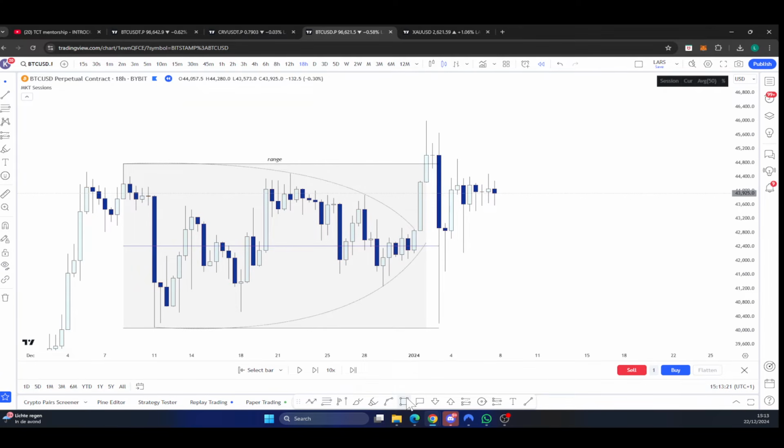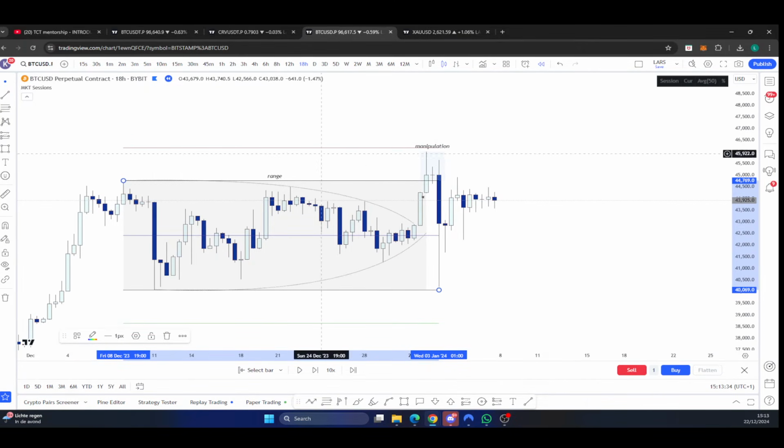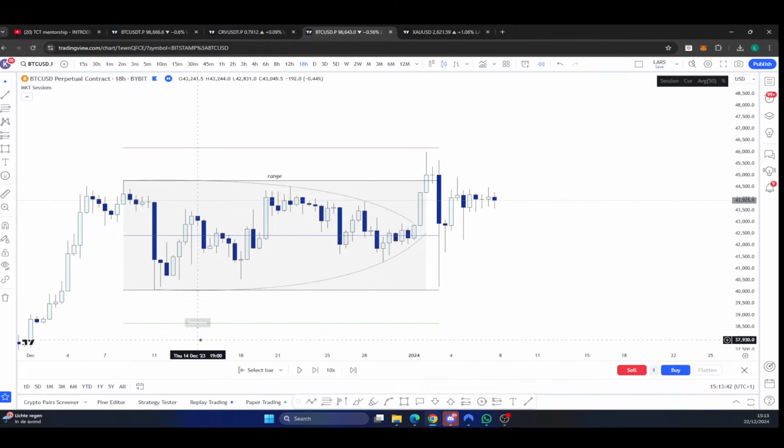Now, let's look at the manipulation phase right there. First, did the breakout exceed the DL2? Now we can see right here, no, we didn't. We stayed inside of our deviation limit, never even touching our deviation limit area. Therefore, this is a valid potential manipulation.